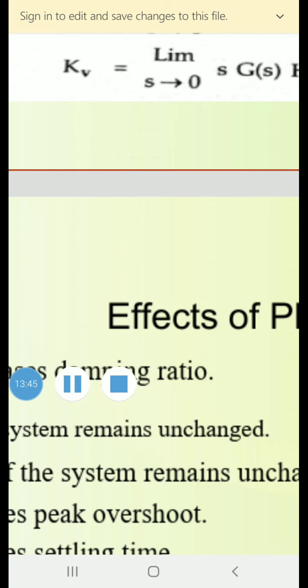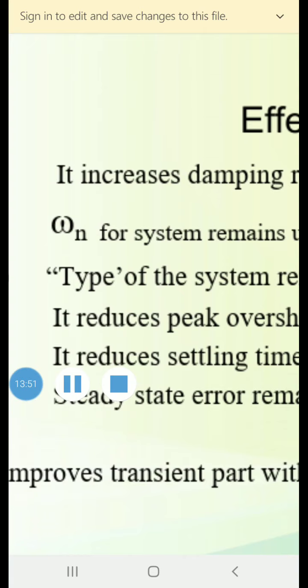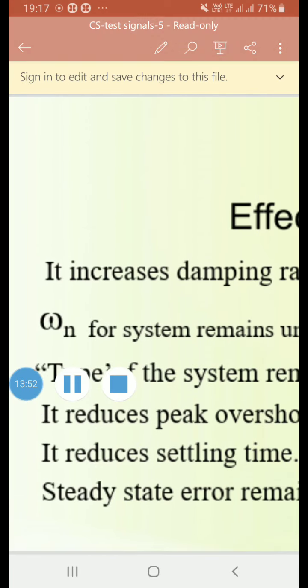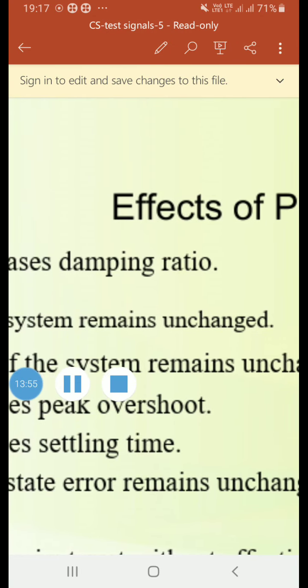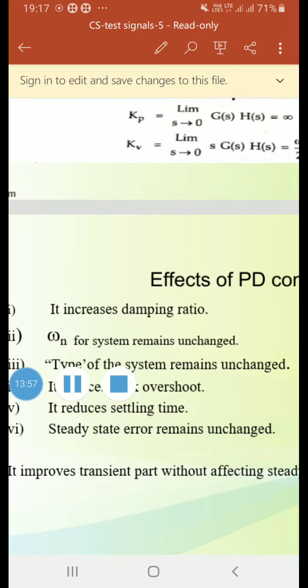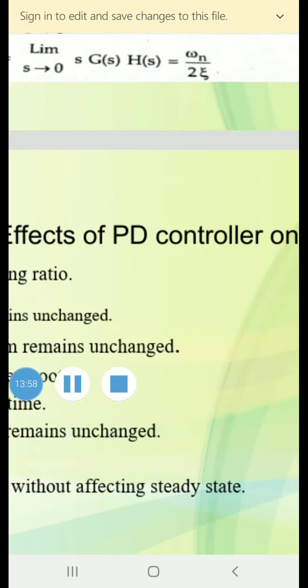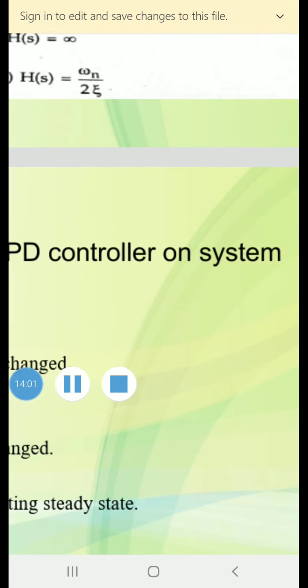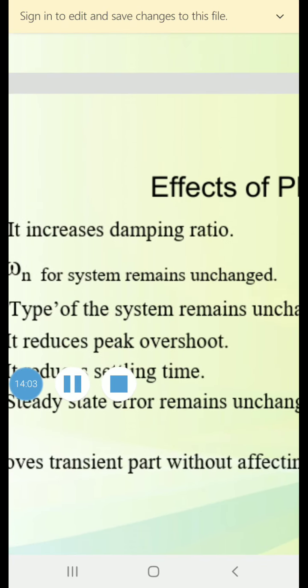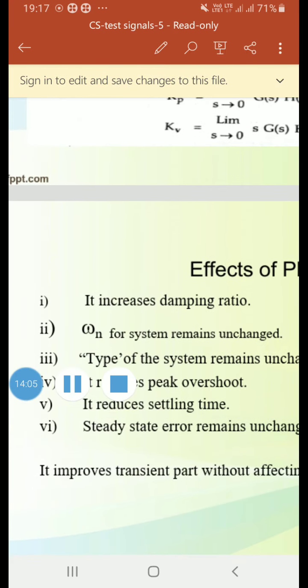Whatever is a PD controller has the following effects on the system. Effects of PD controller on system: the first one is it increases damping ratio.